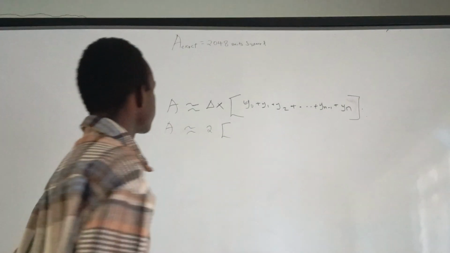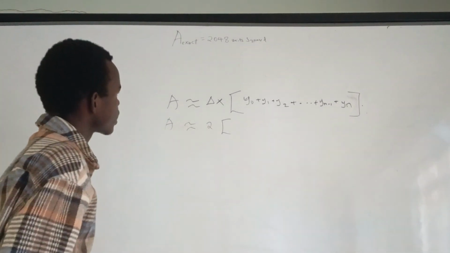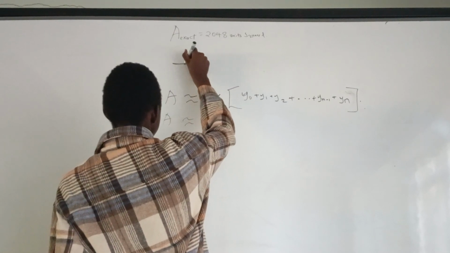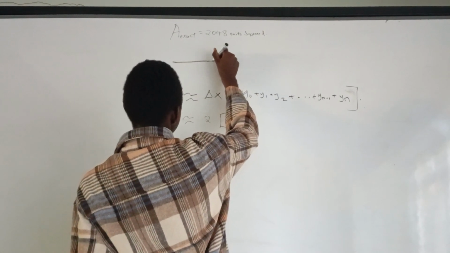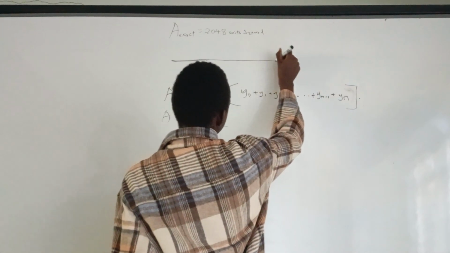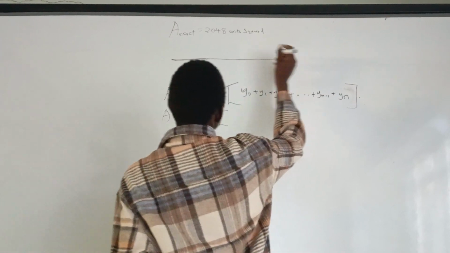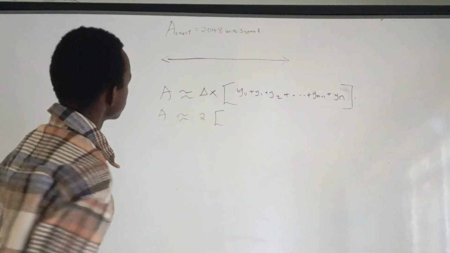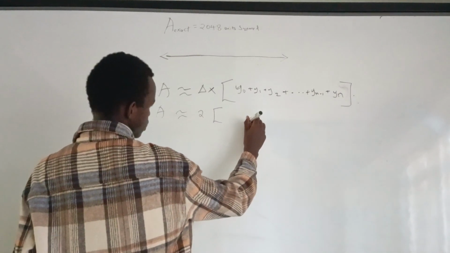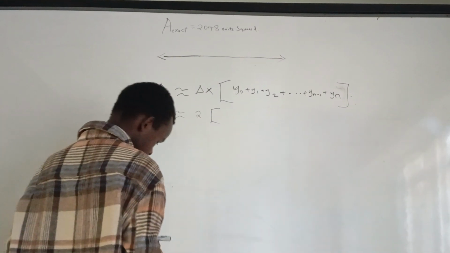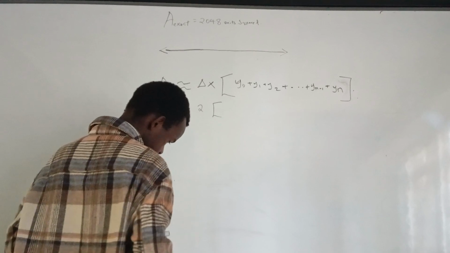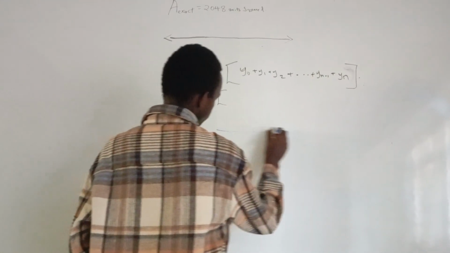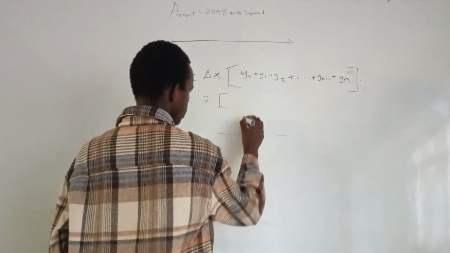So first we draw an x-axis, just usually a number line, but in this case it's an x-axis.